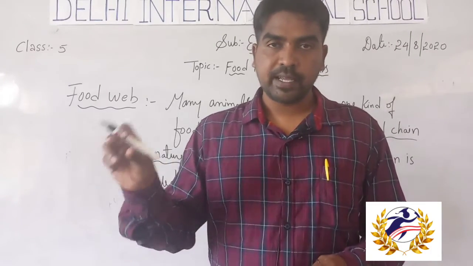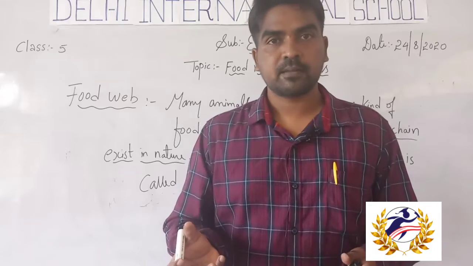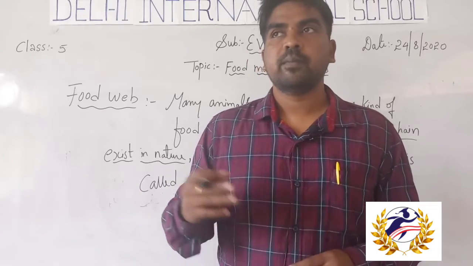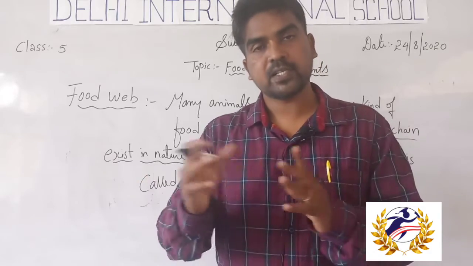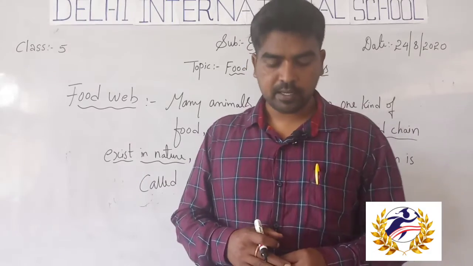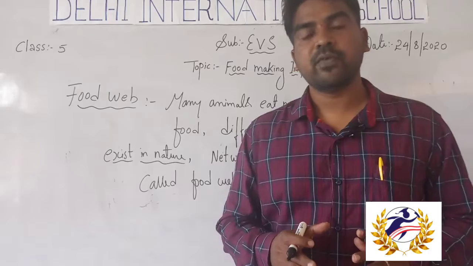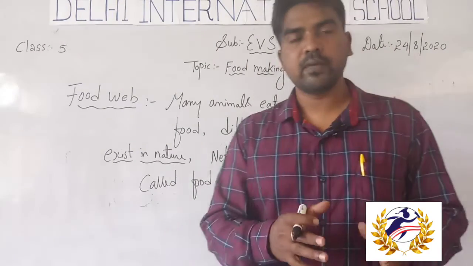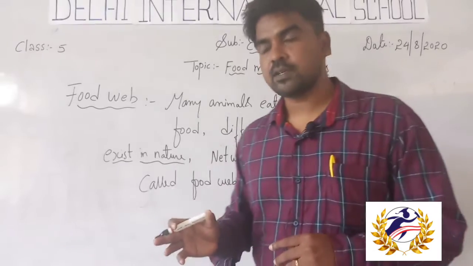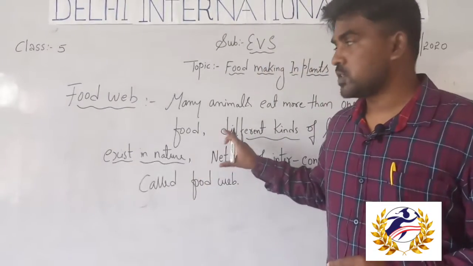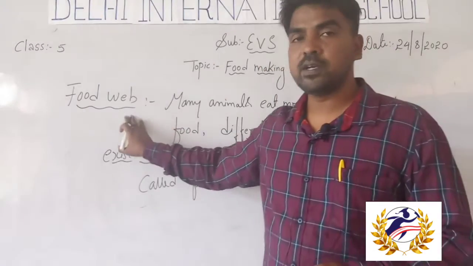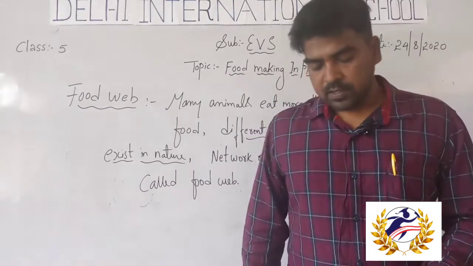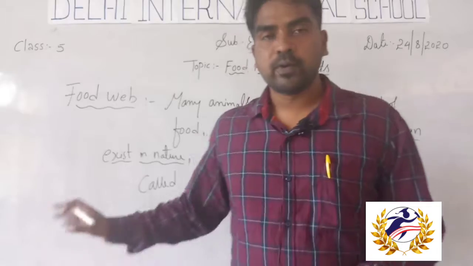Lizards will eat insects. Even frogs depend upon insects, and some other animals also depend upon insects. So there is a link from one living organism to other organisms. We call this a food web. I will conclude this lesson, students.